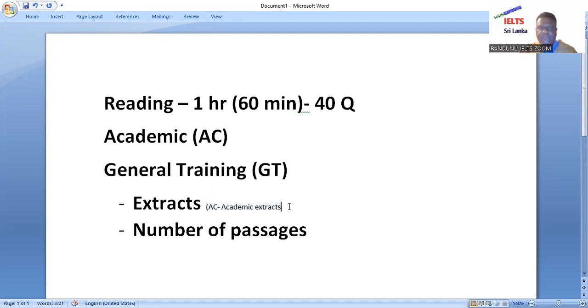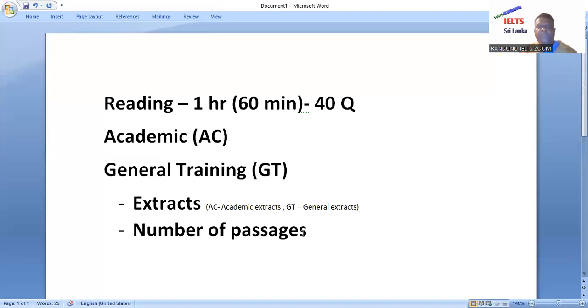Academic extracts, and for general training, general extracts. Extracts means things you quoted from, right?